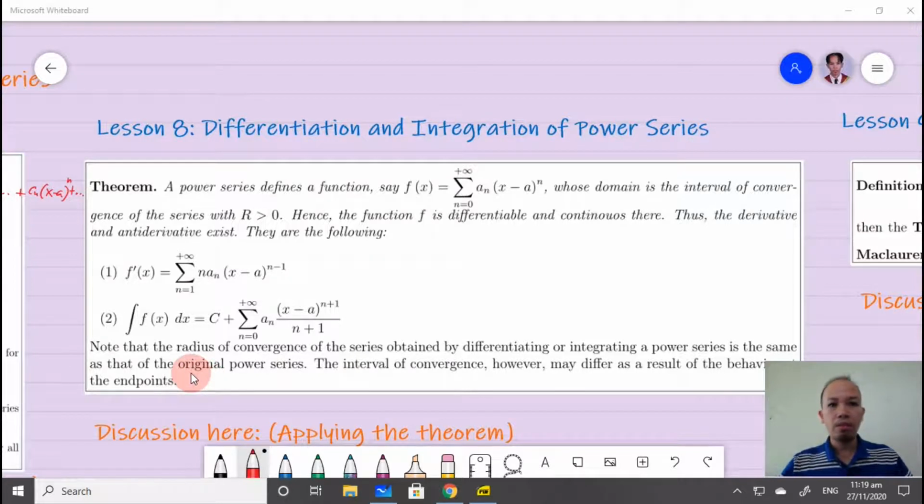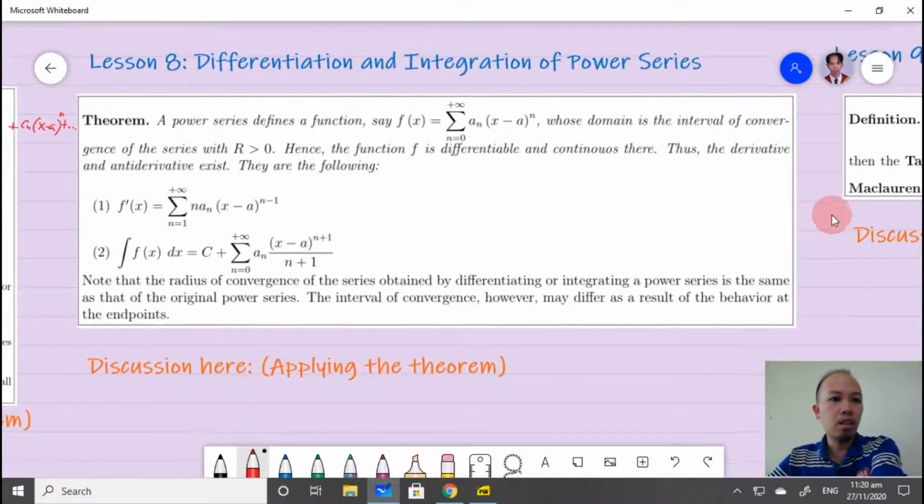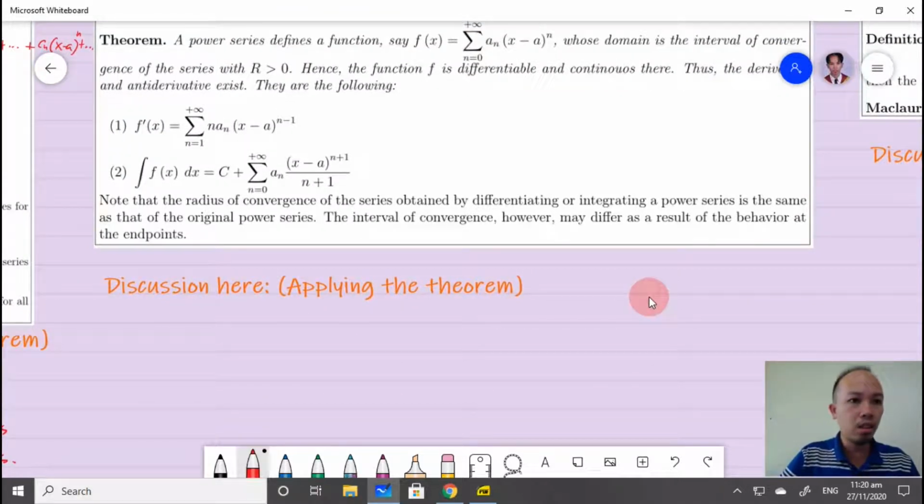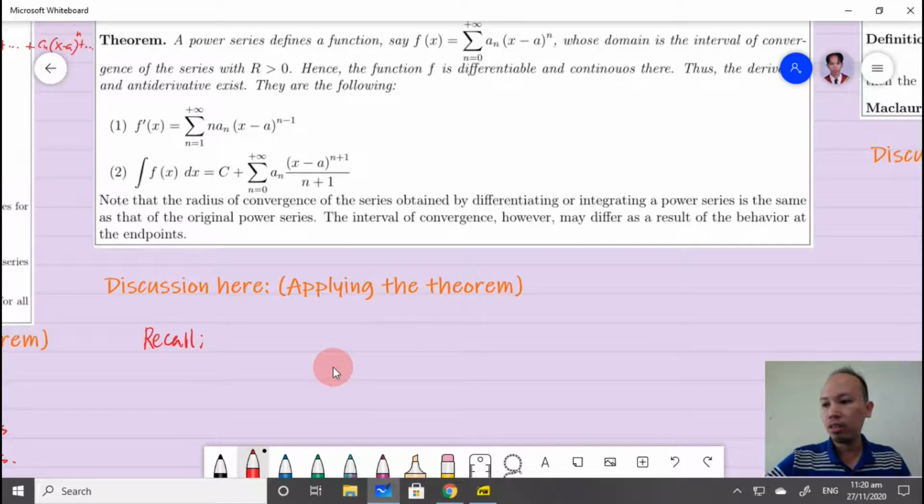Before we have some examples, let's have an illustration here. I know that you are familiar with the geometric series. If you recall your geometric series, let me find it in my laptop first.